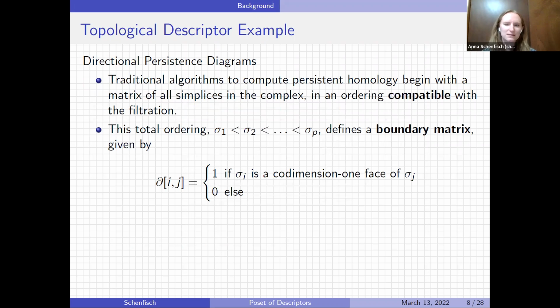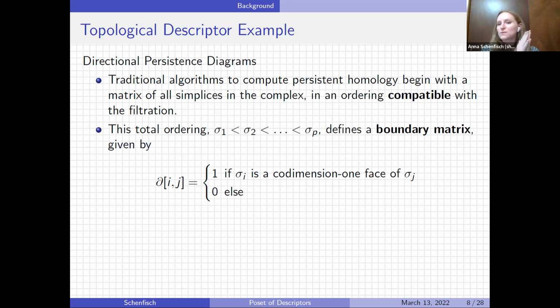So let's revisit the pipeline of the normal algorithm for computing persistence. Normally we begin with a total order of all the simplices in the complex, and the order is what's called compatible with the filtration. So if a vertex A appears before a vertex B in the index filtration, that ordering will stay the same.